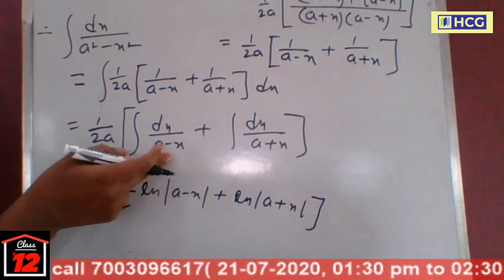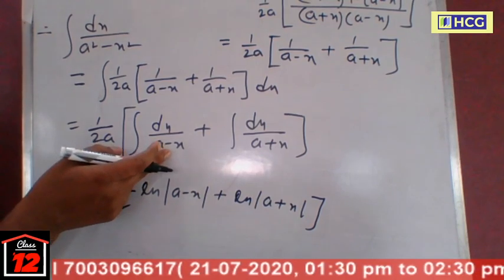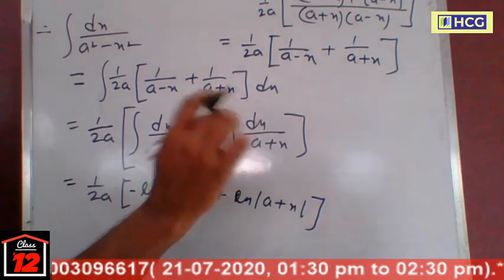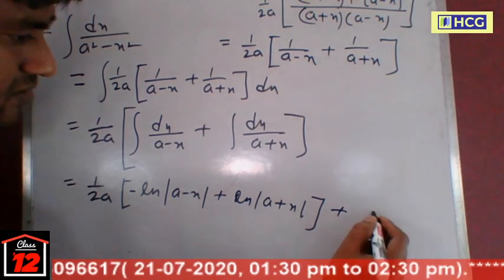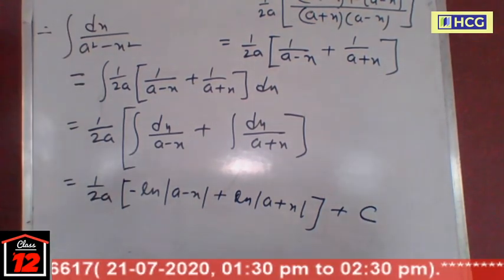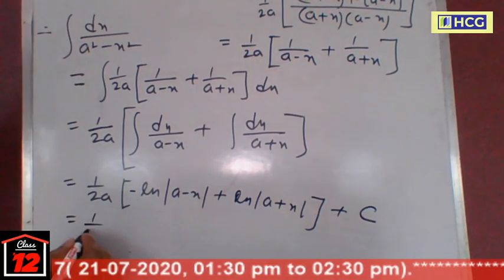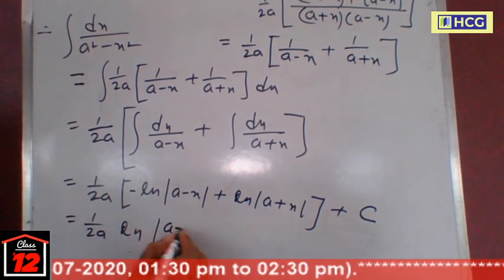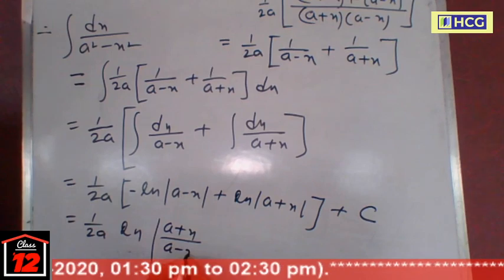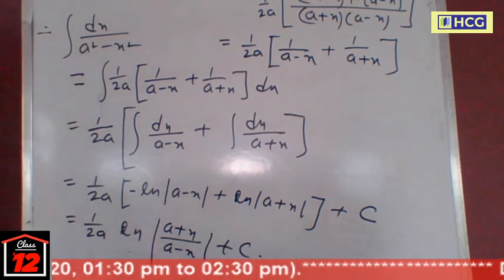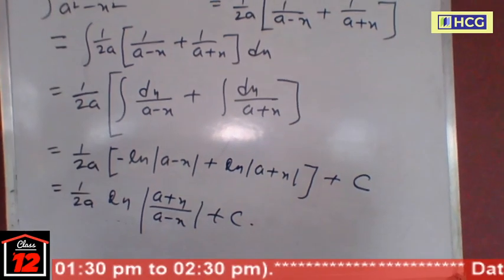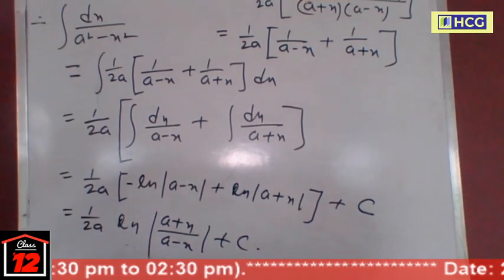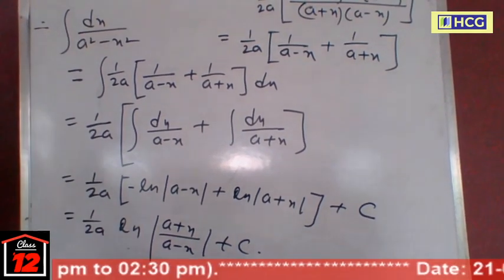In an indefinite integral there is a constant c1 and a constant c2, so c1 plus c2 is another constant, capital C. So now this equals 1 by 2a ln mod a plus x by a minus x plus c. Proved.